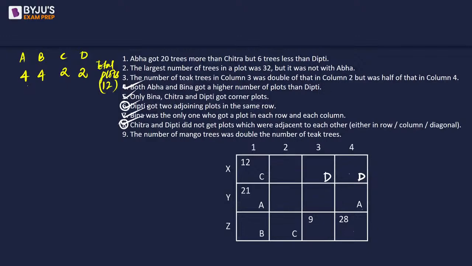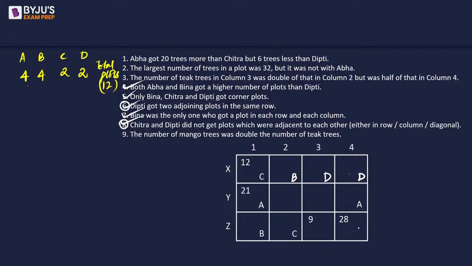Next, we know that Bina got a plot in each row and each column. So in the second column, in the X row, there is no plot of Bina, so we are supposed to put a plot of Bina. So first column and second column we are done with.